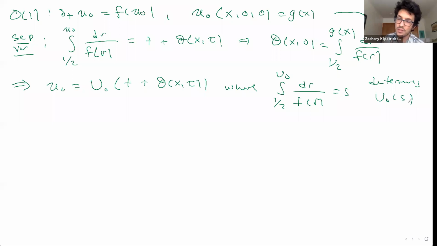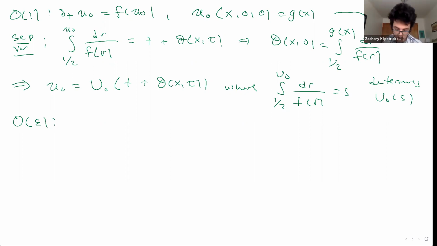So we only have the solution implicitly. If we had a specific form of f of r, like our quadratic, we could probably get it explicitly. We'll do that at the end. Now, we need more information about theta of x and tau.